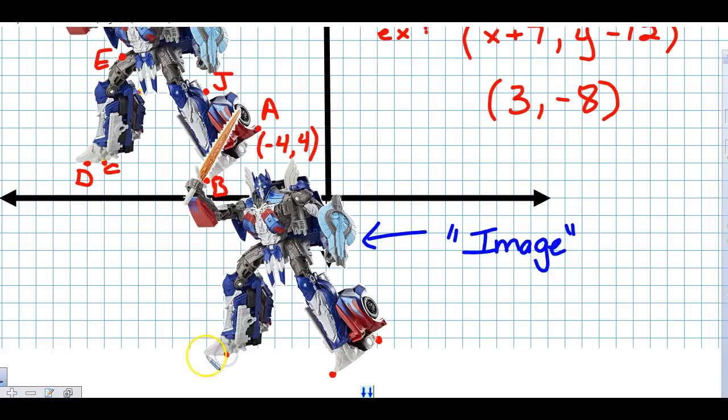But this time, instead of calling the heel of Optimus Prime also A, it's an image, so we say A prime. Kind of a non-intended pun there. So we call this point A prime. In other words, it's the image of A. So this point would be B prime, C prime, D prime, and hopefully you get it from there. And this one should go here.